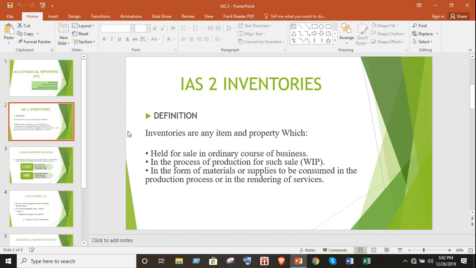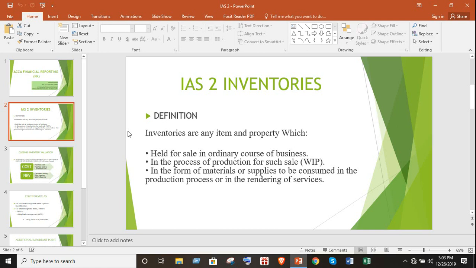From this formula we can see that the closing inventory value is deducted from the cost of sales. That means your cost of sales will be lower and the profit will be higher. And in the statement of financial position, the value of closing inventory should be shown as a current asset, because we are going to sell it within the next accounting year.